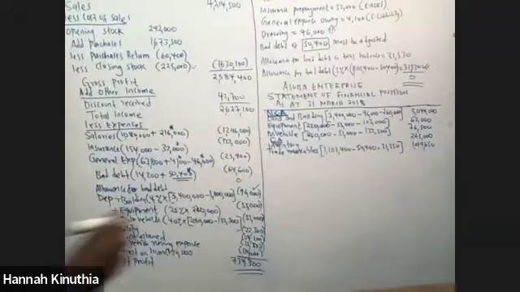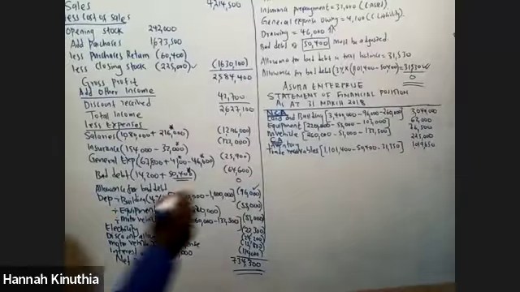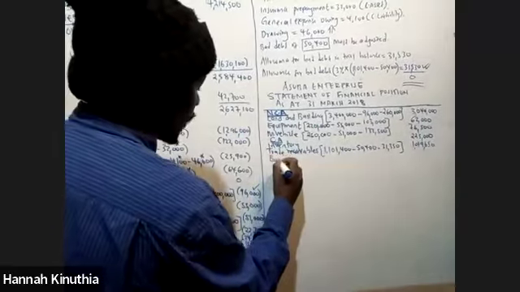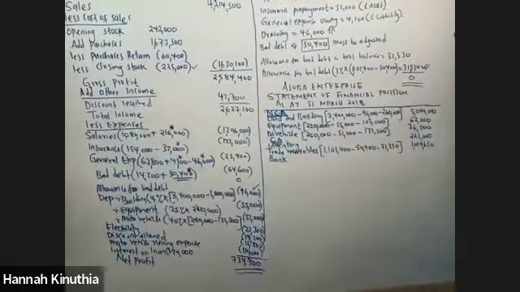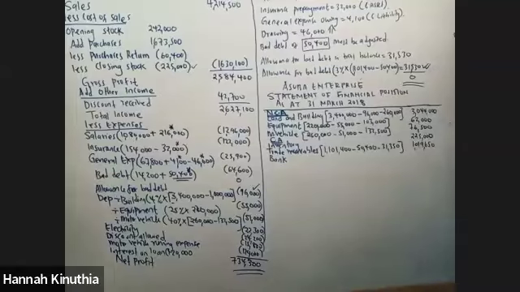Tukimaliza hiyo receivables, we need to check the bank. We have bank also in our trial balance. What's the value of bank in our trial balance? Bank was not affected in any manner. Let me see. No, bank balance was affected actually.